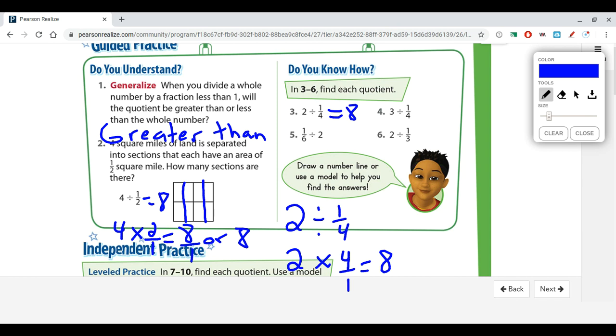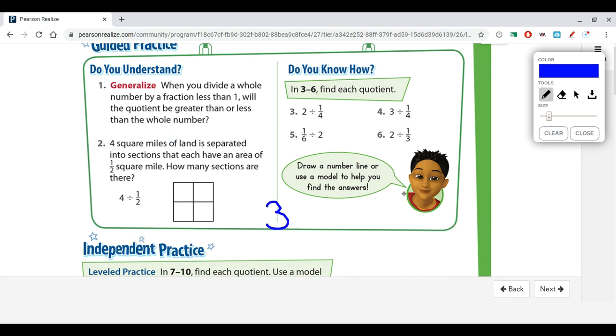Okay. 1/6 divided by 2. I keep the 1/6, I change the division symbol to multiplication, and I go to 1/2. And now I'm going to multiply 1 times 1 is 1, 6 times 2 is going to be 12. So my answer here is going to be 1/12, not 12, 1/12. All right, let me do my next one.